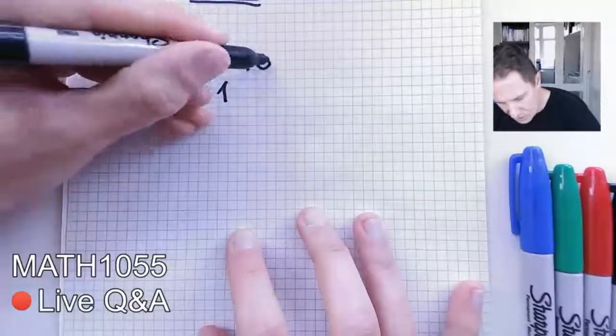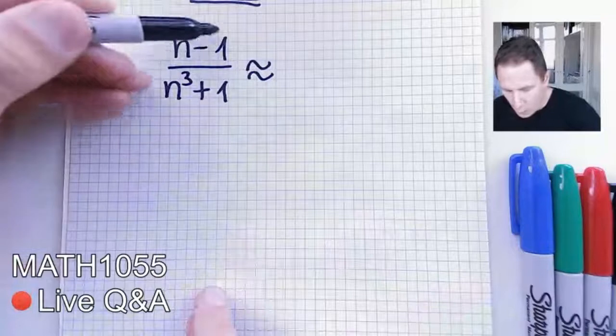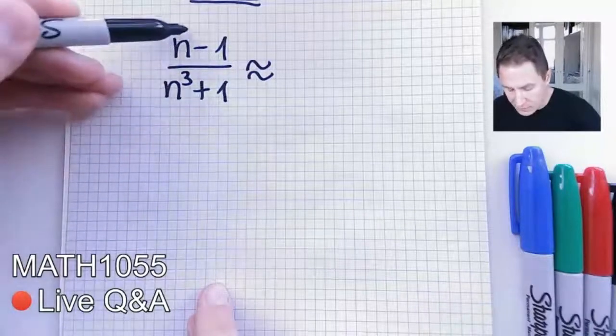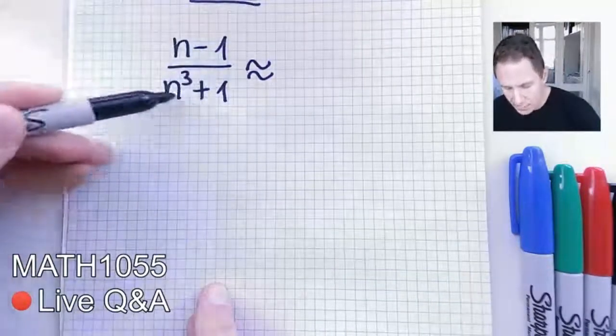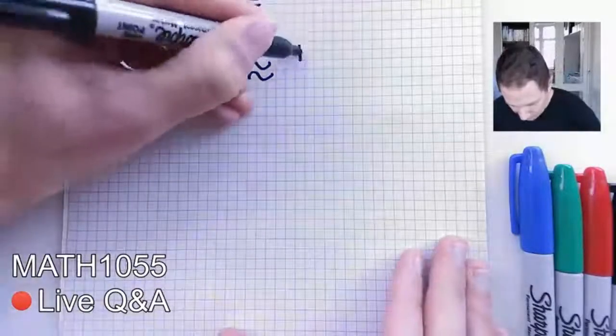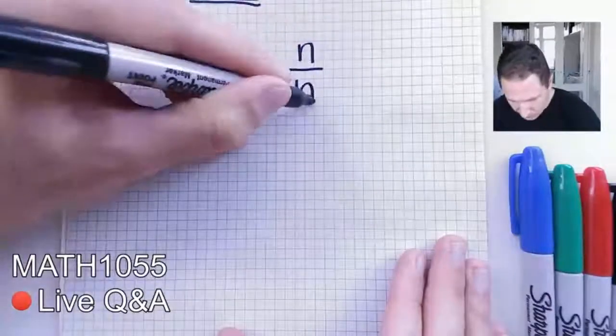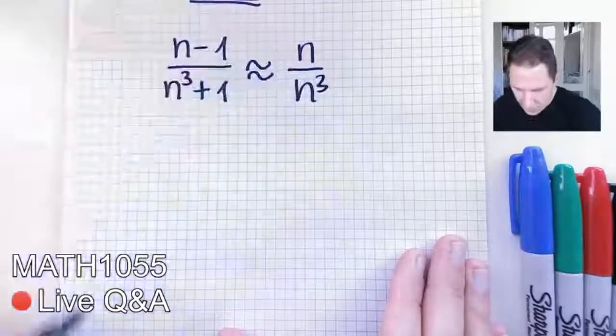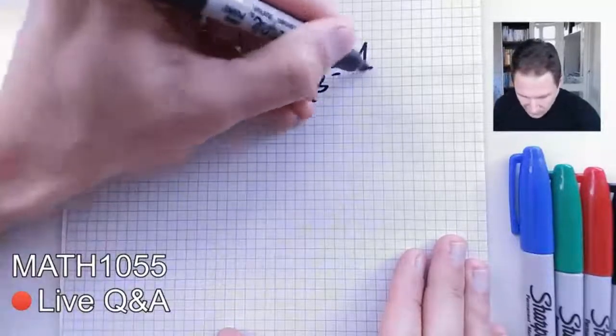So for large n, adding 1 to n or subtracting 1 from n or adding 1 to n cubed makes kind of no difference if n is really big. So this behaves kind of like n over n cubed, or 1 over n squared.